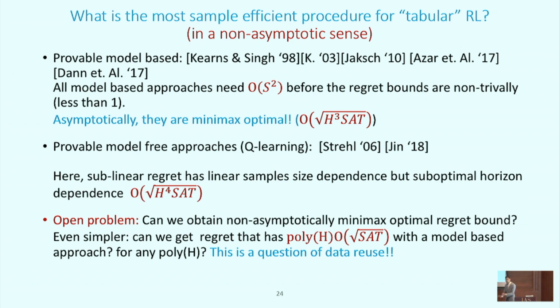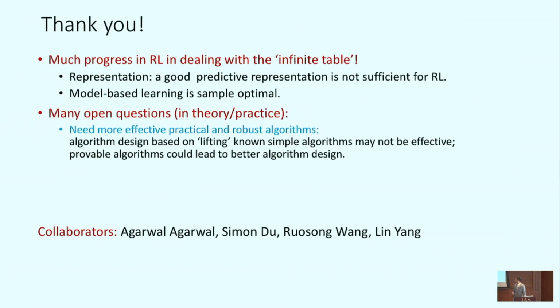Because the problem is somehow when you do the analysis in the model-based approaches, you can't do anything until you get order S squared samples. And it really seems like a probability theory question. I think this is a very important question because it's a question of data reuse. So if we don't understand how to do data reuse in even this simple tabular case, it doesn't bode well for these more complicated settings. Okay? And maybe there's a lower bound showing it's real. My conjecture is no. But I think it's important to resolve.